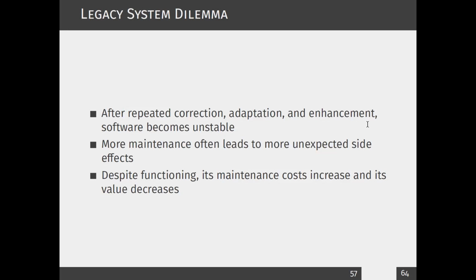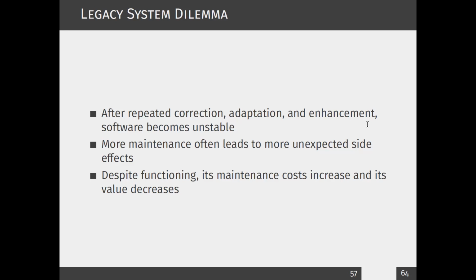So, what do we mean by a legacy system element? After repeated correction, adaptation, and enhancement, software becomes unsettled. So this is what will happen when you are using software for a long time. Maintainability is the issue. More maintenance means you have more unexpected side effects.